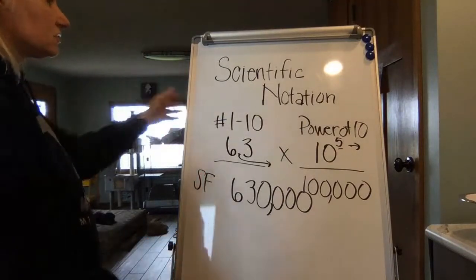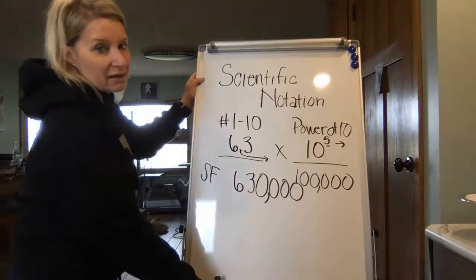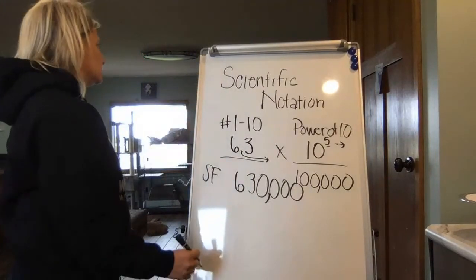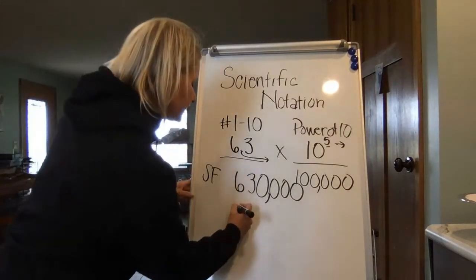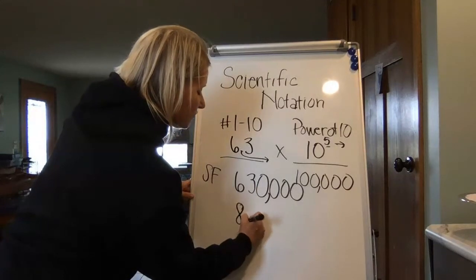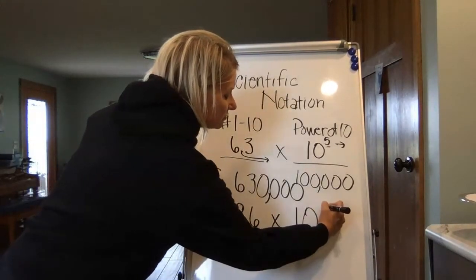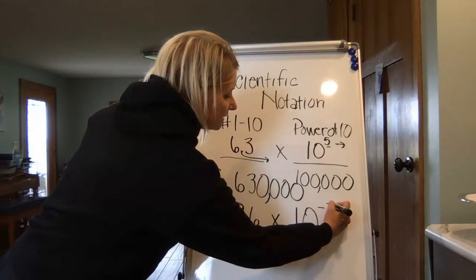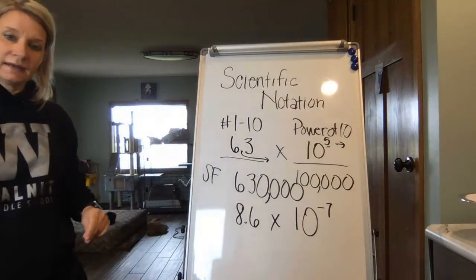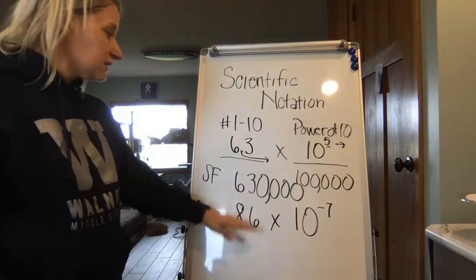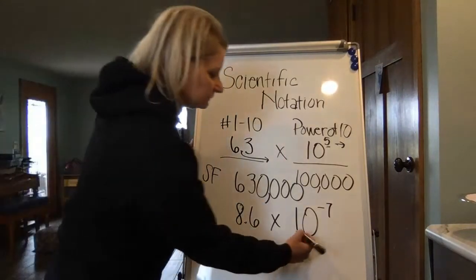So let me choose a different number. Let's go with 8.6 times 10 to the negative 7th power. So 8.6 falls between 1 and 10.